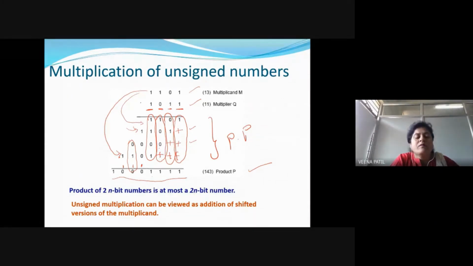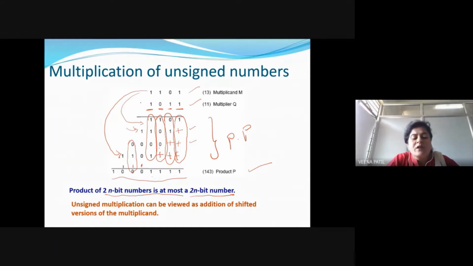So if you can see here, the product of 2 n-bit numbers is at most 2 n bits. The answer will always be 2 n-bit numbers or more. Okay.